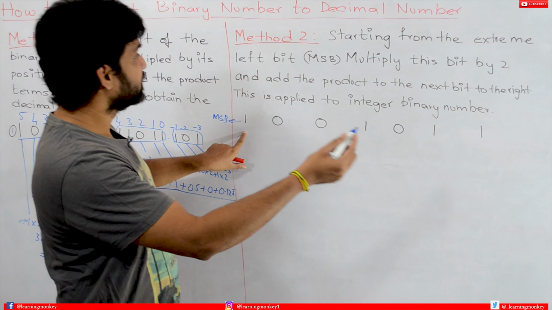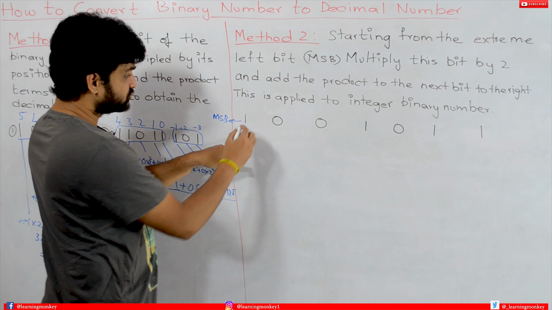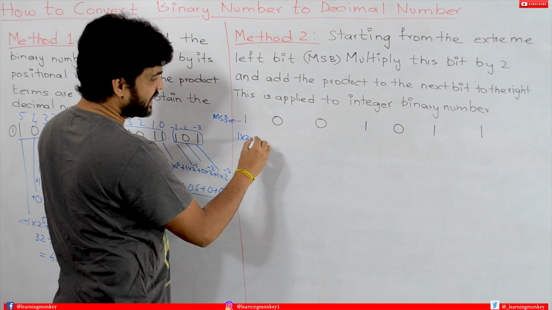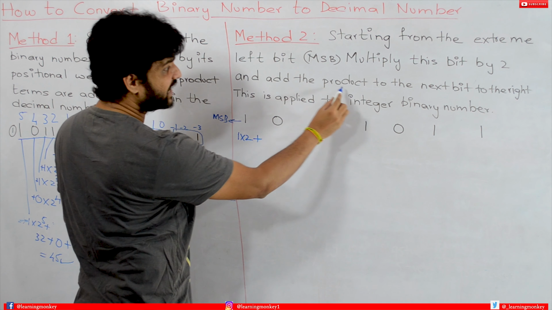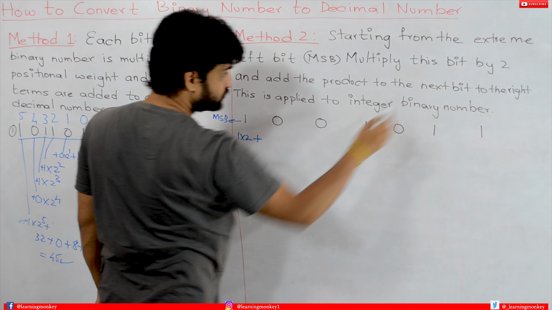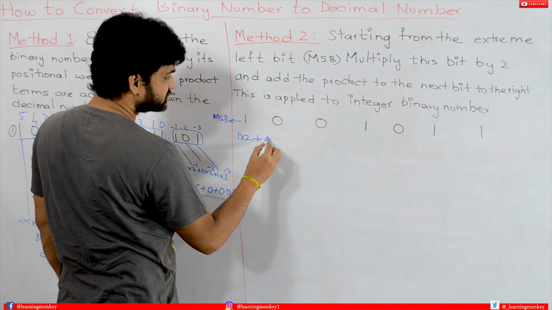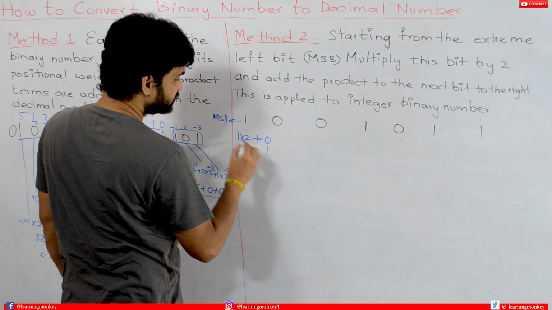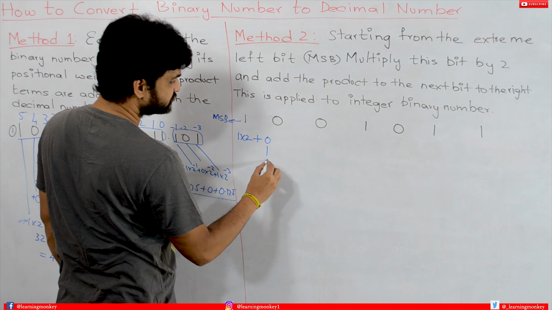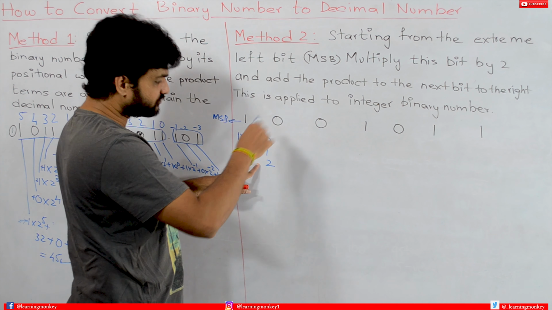Multiply this bit by 2 and add the product to the next bit to the right. What is the next bit to the right? It is 0. So what is the value that we are going to get? This value is going to be 1 into 2, 2 plus 0, it is 2.